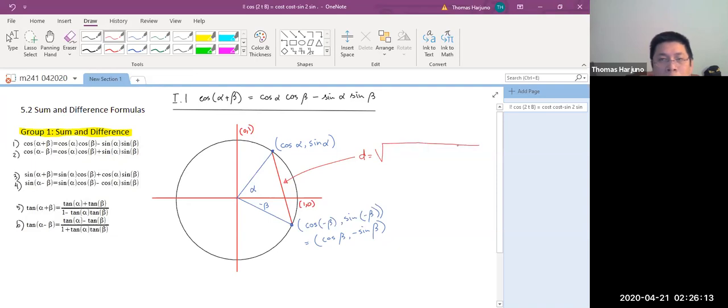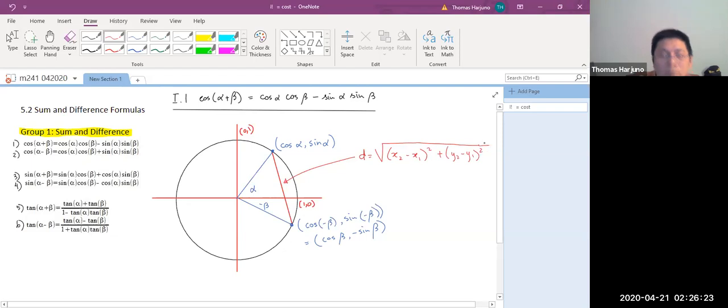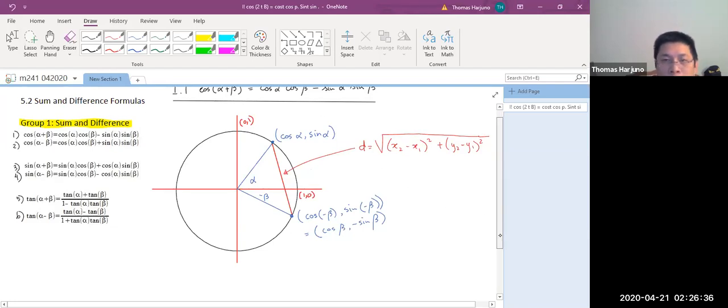Distance formula will be the square root of x2 minus x1 squared plus y2 minus y1 squared. I will tell you the further idea later on, but for now, we will compute this first.